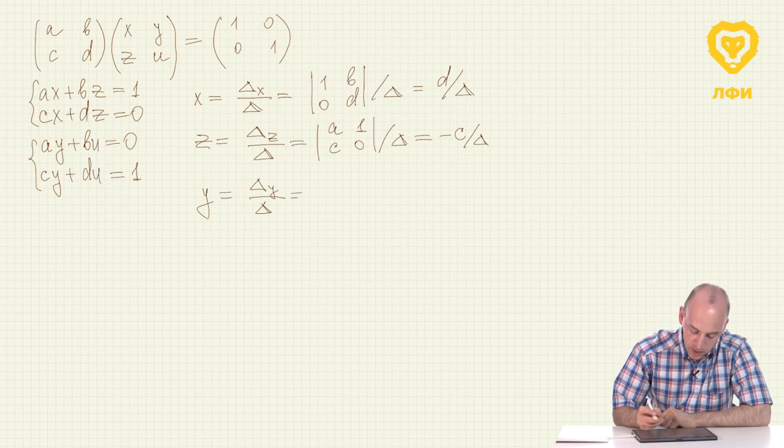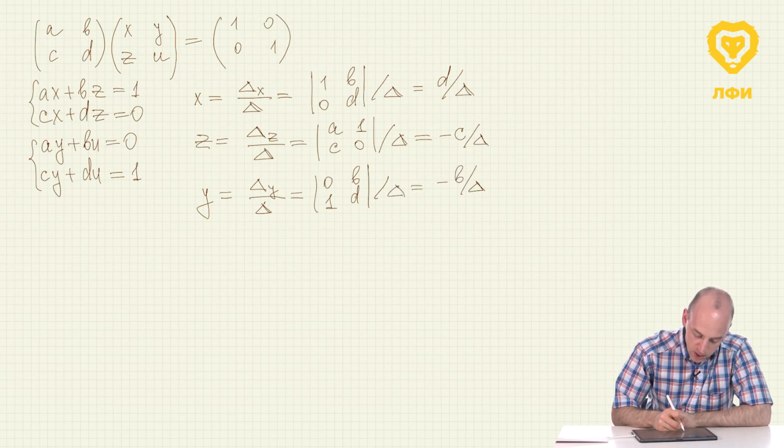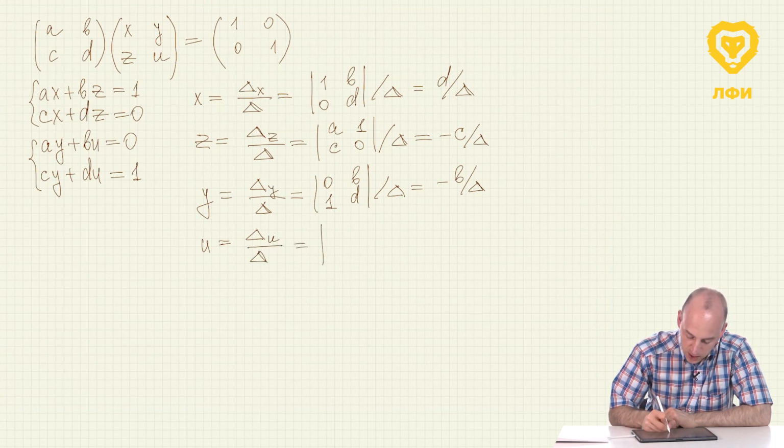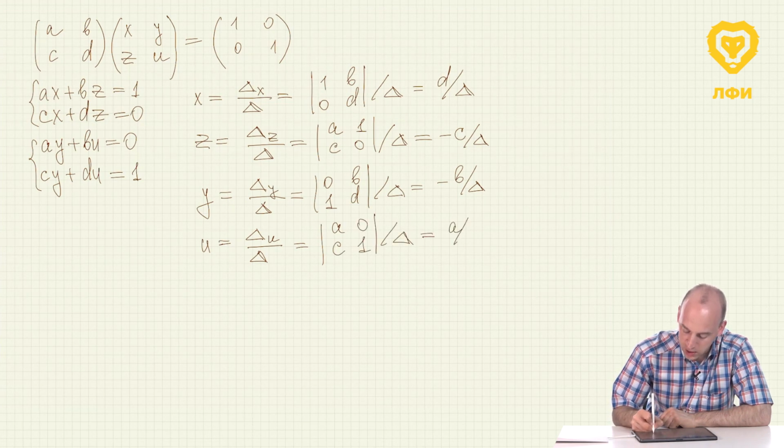Hence we have delta sub y, it is 0, 1, b, d over delta. It is minus b over delta. And finally, what about u? It is delta sub u over delta, and it becomes a, c, 0, 1 over delta, so it is a over delta.